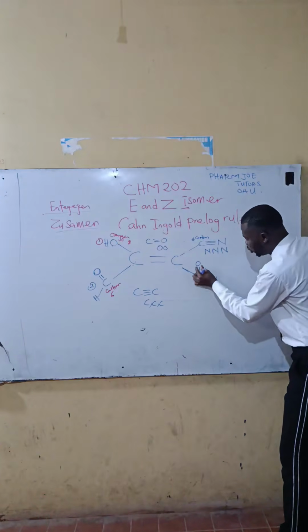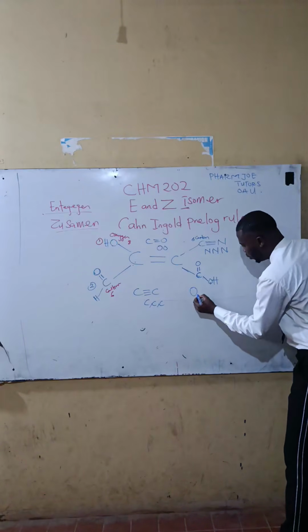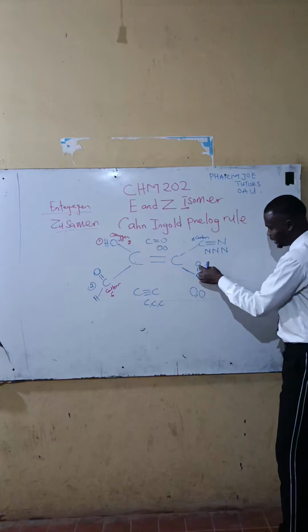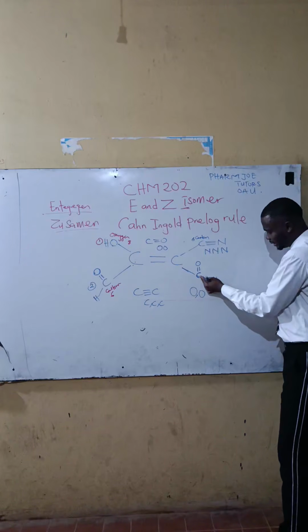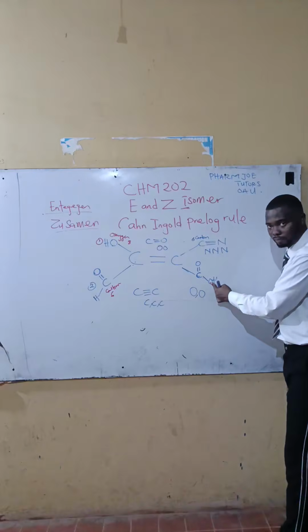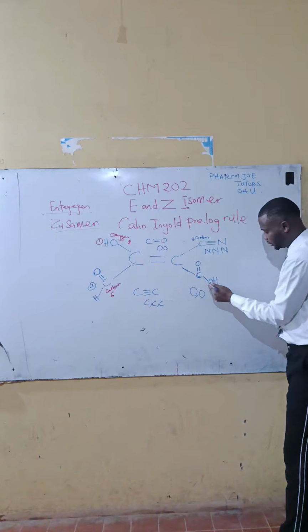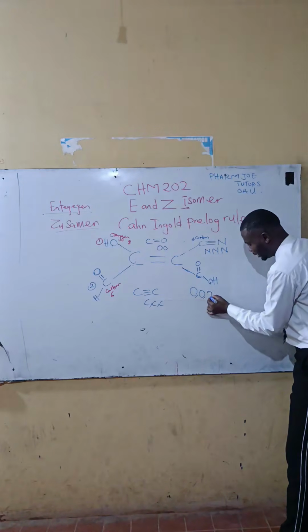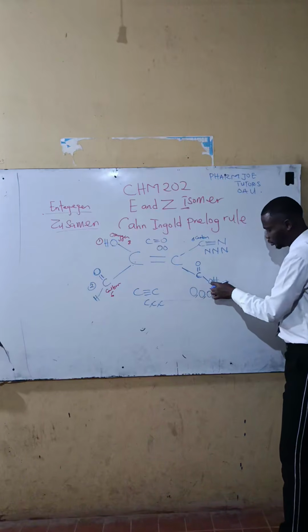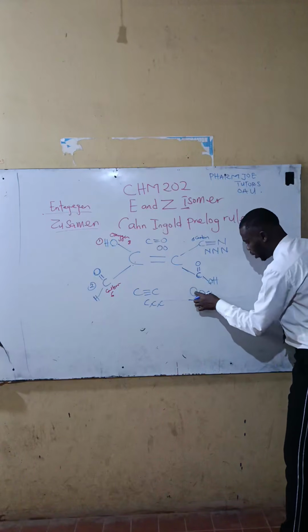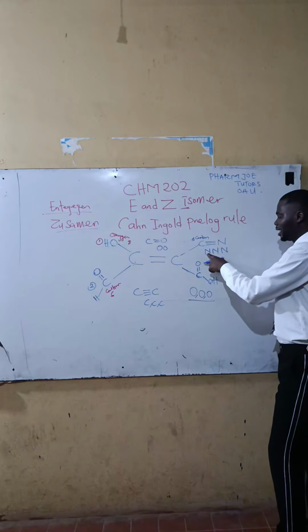In this case, we have a double bond to O, meaning that we have O, another O. So double bond O means O and O. Then this is also connected to oxygen, making it how many? That's 3. So this double bond O gave us this. Then it's directly attached. So in this case, we have oxygen, and in this case we have what?